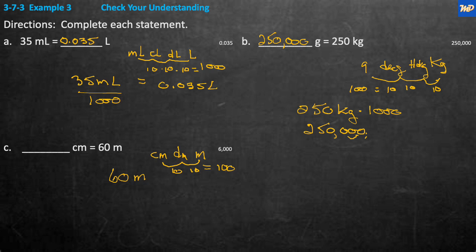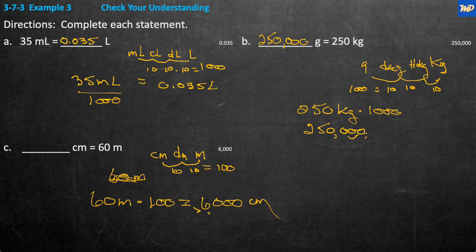Here we're taking 60 meters, and we're going to multiply it times 100. And that's going to be equal to 6,000 centimeters.